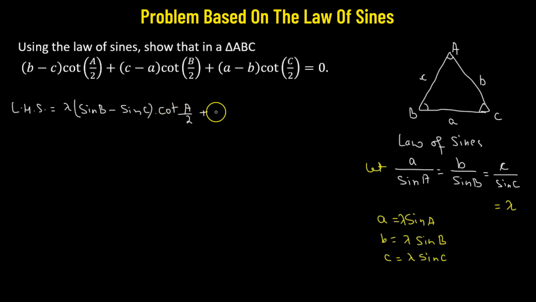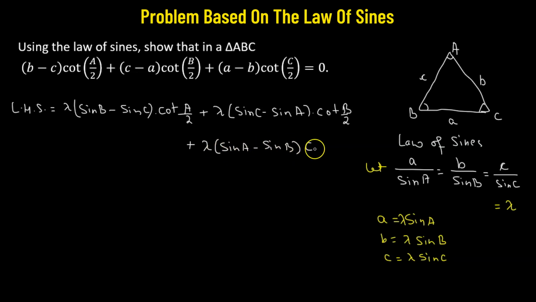Then c minus a will become lambda multiplied by sine C minus sine A multiplied by cotangent of B over 2. And finally, we have the third term. We get lambda multiplied by sine A minus sine B multiplied by cotangent of C over 2.